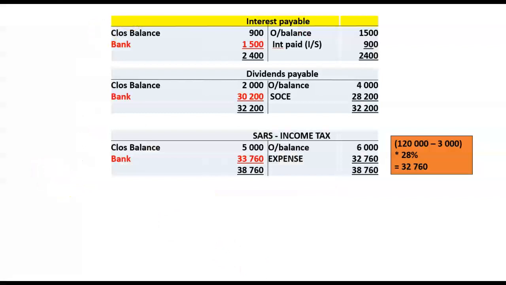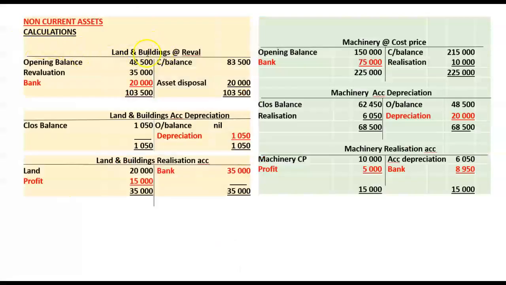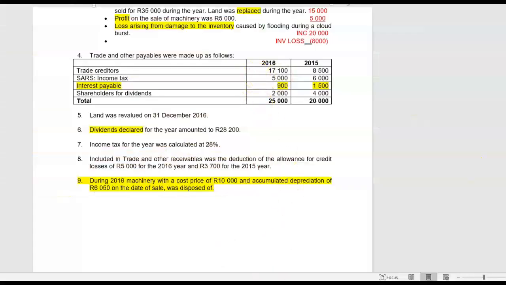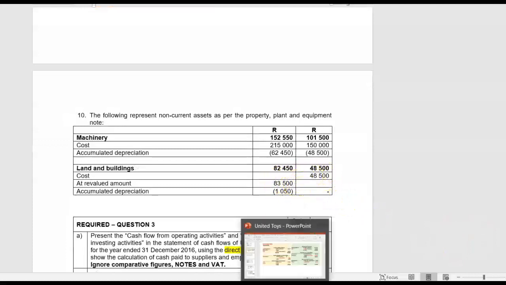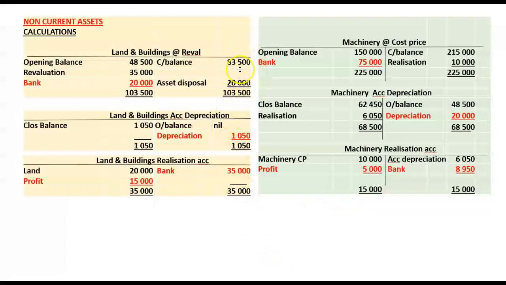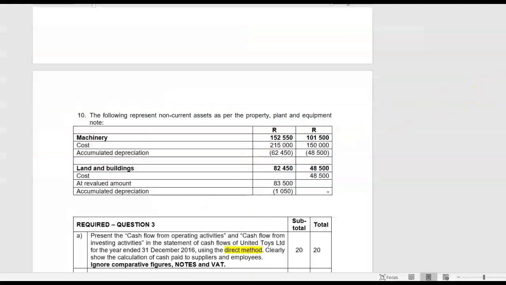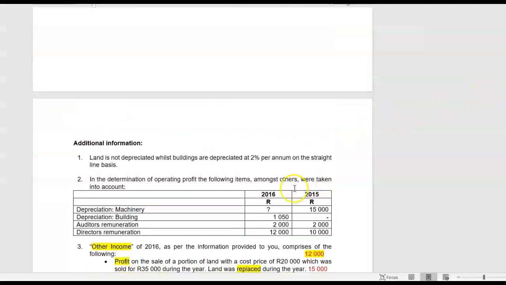Right. Let's start here. Land and buildings. Opening balance, 48,500 Rand. Okay. Closing balance, 83,500 Rand. We have revalued our land with that 35,000 Rand, which we've picked up from our revaluation surplus account.